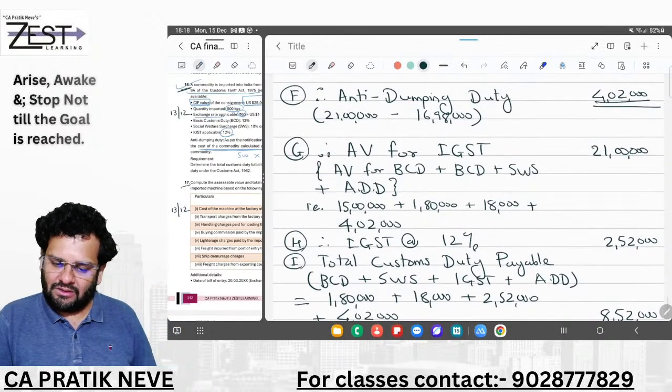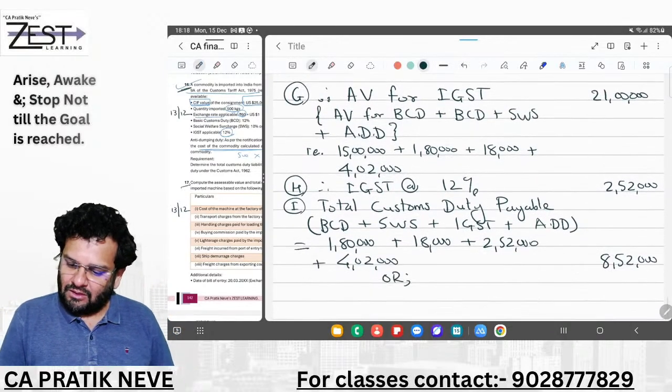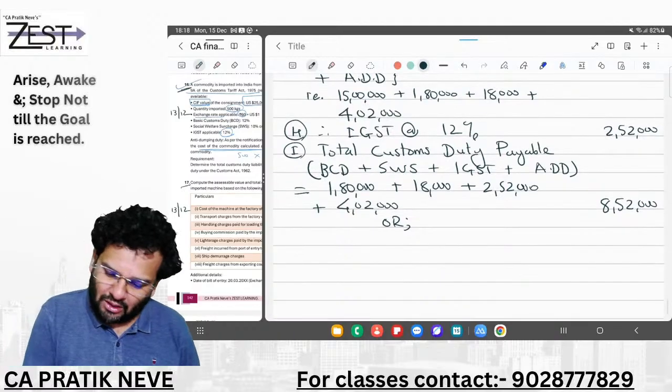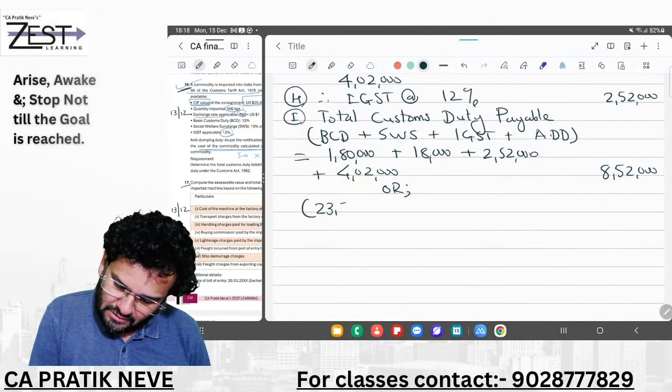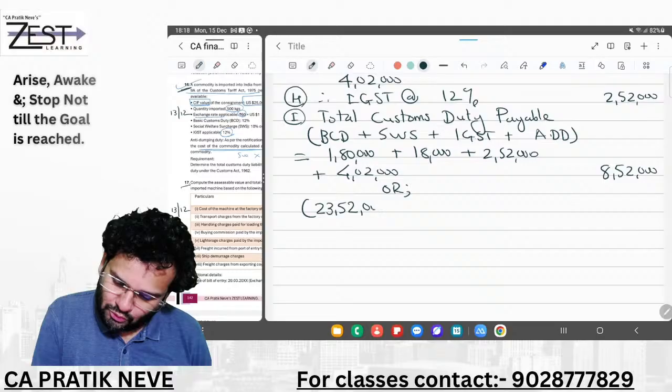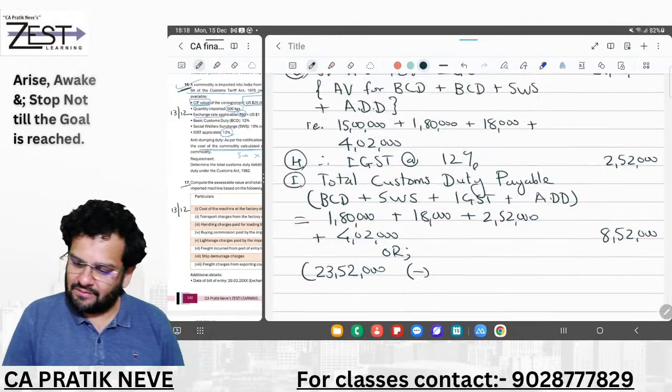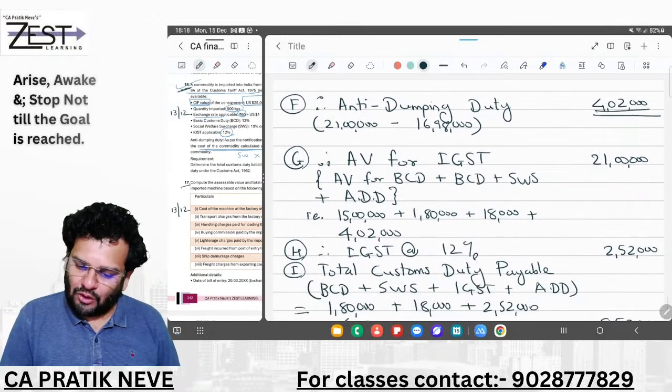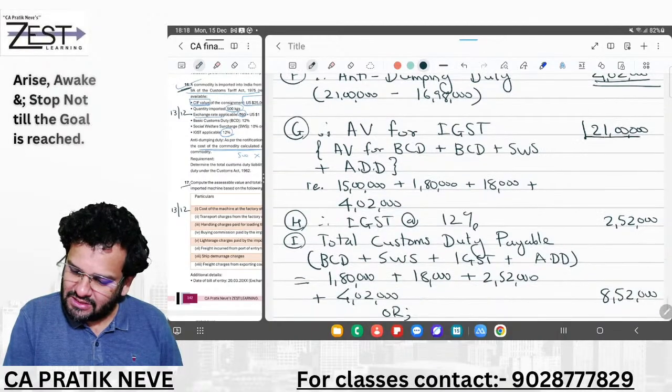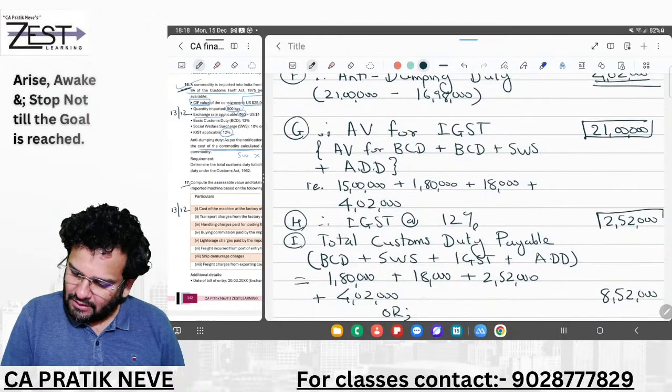That cross check is 23,52,000. So what is 23,52,000? It is the assessable value for IGST plus IGST.